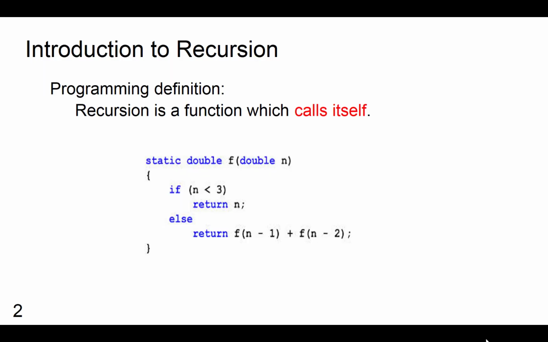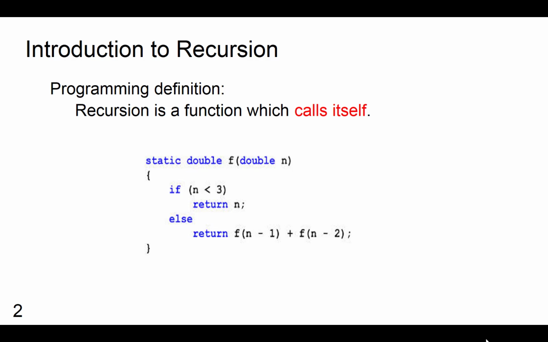In programming, recursion means a method or a function calls itself. That is a very important element of a recursive method. In this example, you can see inside the method f, there are two method calls, f(n minus 1) and f(n minus 2).